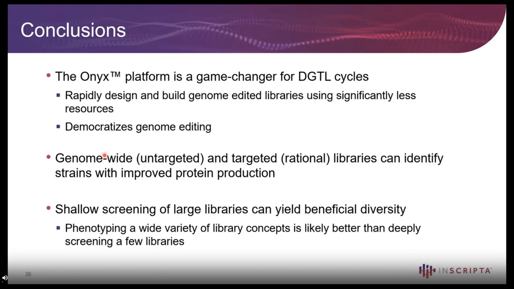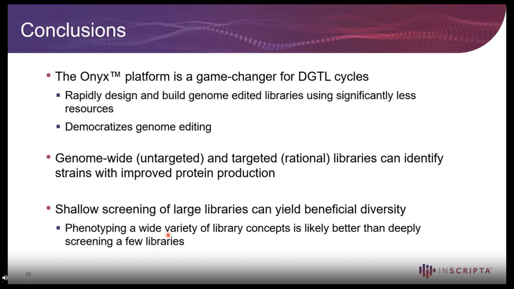I also want to make the point that genome-wide or untargeted libraries and targeted or rational libraries can both identify strains with improved protein production. We found both of those strategies to be very fruitful: targeting the expression set or doing rational knockouts, as well as untargeted and unbiased genome-wide libraries.